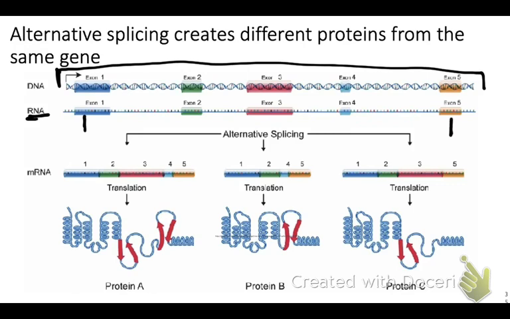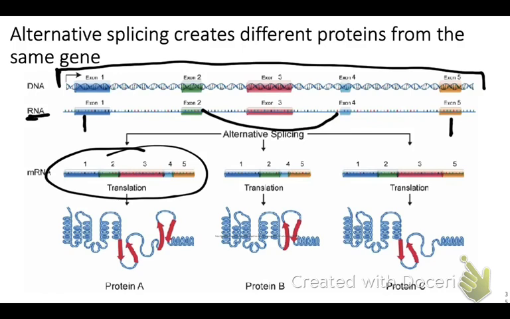But then we can splice 1 and 2 together, 2 and 3 together, 3 and 4 together, 4 and 5 together to make option number 1. We could splice 1 and 2 together, skip out 3 and then splice 2 and 4 together, and then 4 and 5 together to create this option here.